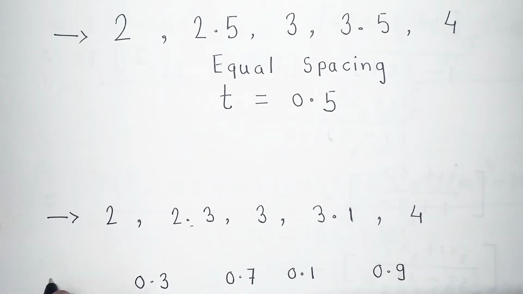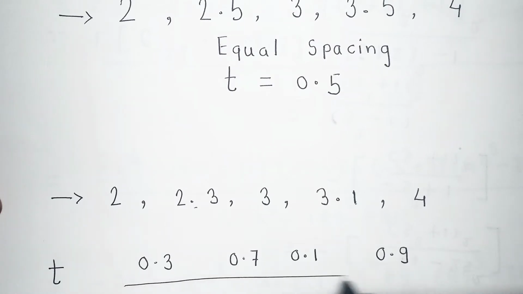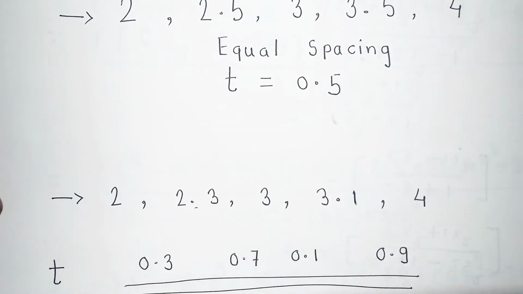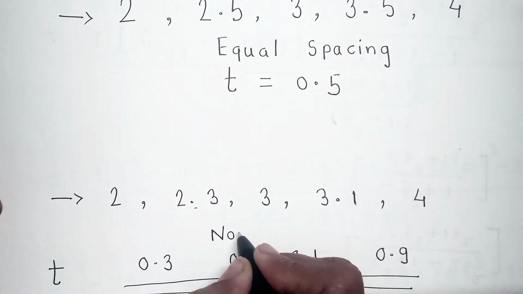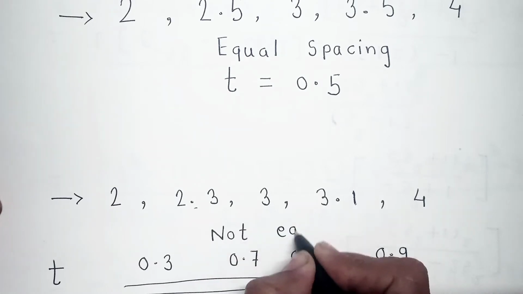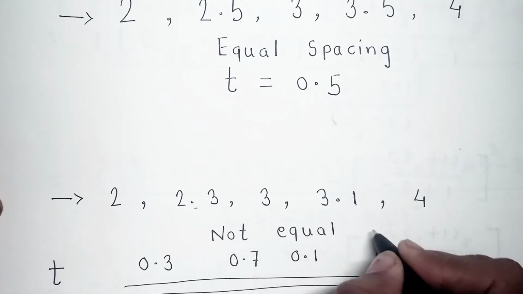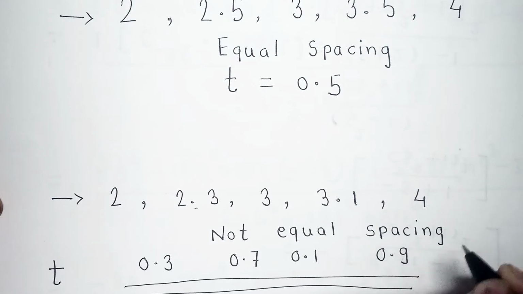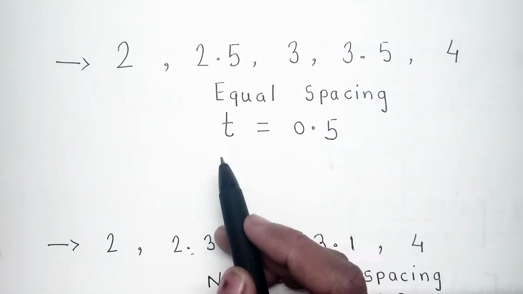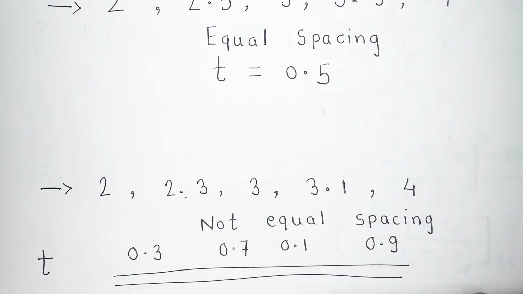That means the value of the t parameter is different for every point here. So this is not equal spacing. That means the spacing is not equal. So that's why it is called a non-linear interpolation. So the important point is what? In the linear interpolation, equal spacing is involved, and in the non-linear interpolation, the spacing is not equal.